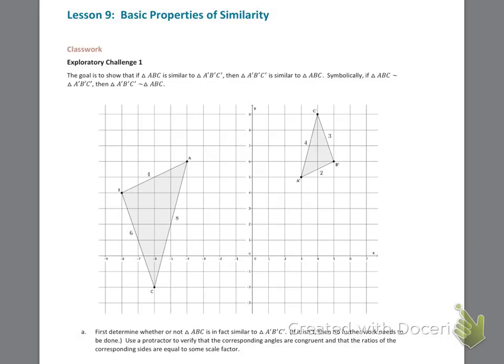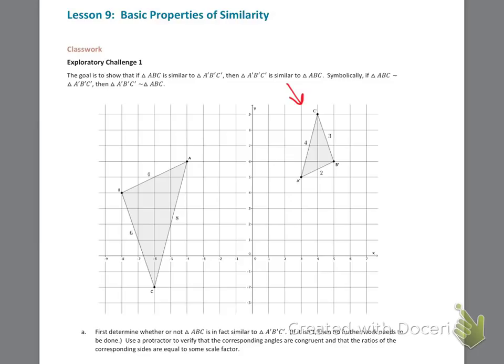Okay, so to go back the other direction, we'll be starting with this triangle here, A prime, B prime, C prime, and we're going to do a dilation followed by a congruence. The first thing that we're going to need to do is dilate this triangle so that it's the same size.